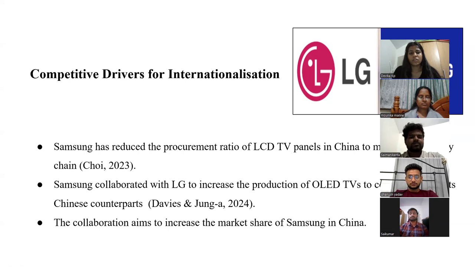Samsung has collaborated with LG to expand the production of LCD TV to compete against the local Chinese counterparts and increase market share. There are many other competitors for Samsung like Apple, Sony, LG, Xiaomi and Itel. These are the comparative players to Samsung.